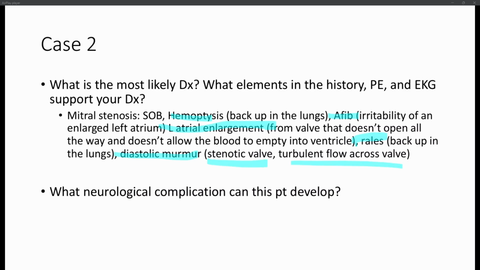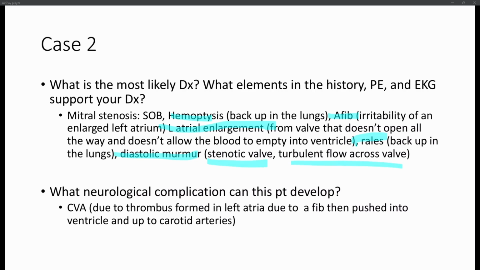If a piece of that breaks off or the whole thing breaks off, now it's called an emboli because it's traveling. When it leaves the left atrium: left ventricle, aorta, carotids, brain, stroke. That is the major neurological complication with mitral stenosis, cerebral vascular accident, CVA.